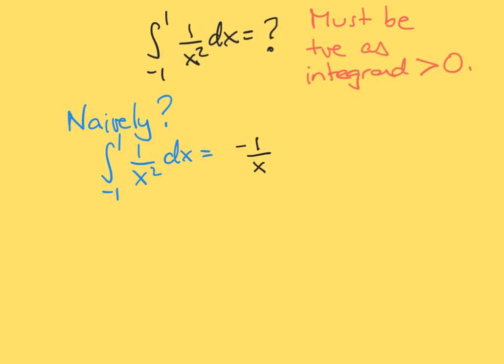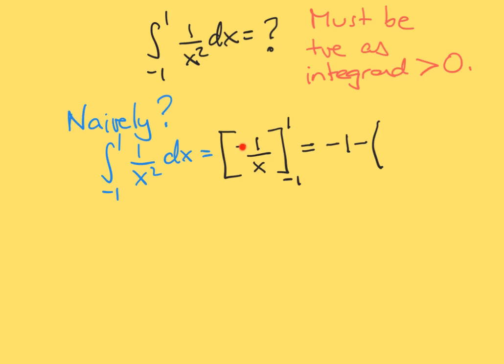And we're going to evaluate this between the lower limit of -1 and the upper limit of 1. So at the upper limit, we have -1 over 1, so that's just -1. And then we subtract this thing calculated at the lower limit, so I'm going to open a big bracket and evaluate this at the lower limit.